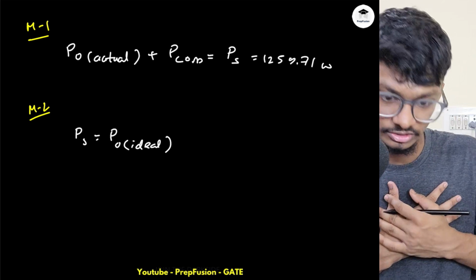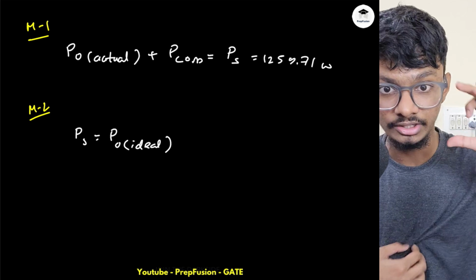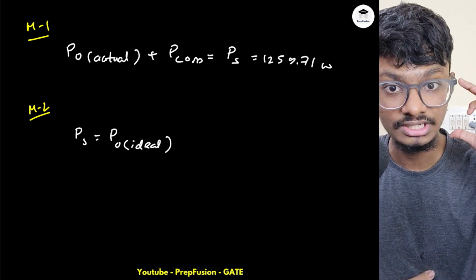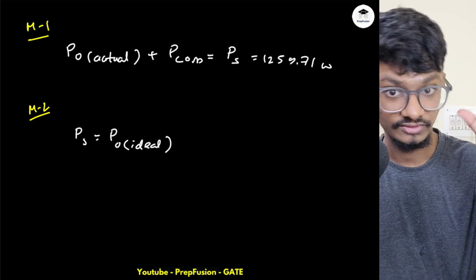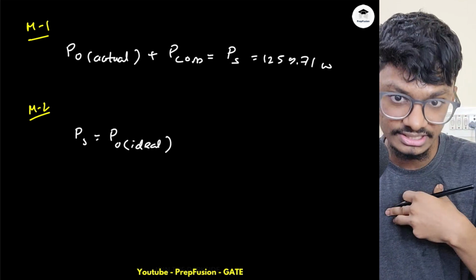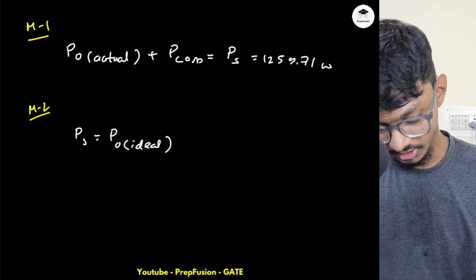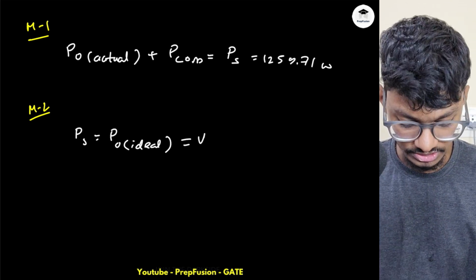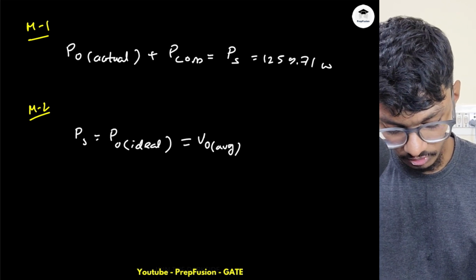But whatever power your supply provides will be the pure ideal power. That much is the maximum power that your supply can provide if the converter is 100% efficient and ideal. If the converter is non-ideal, then the converter itself will absorb some power. So it will be PO ideal, which I already computed, which is VO average into IO average.